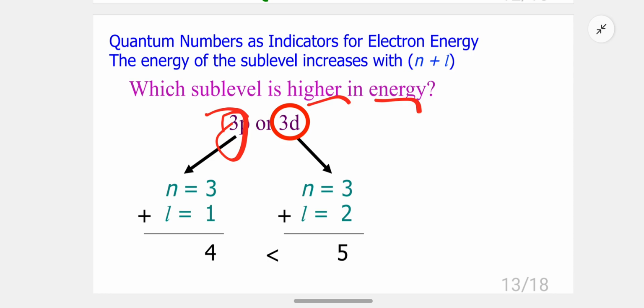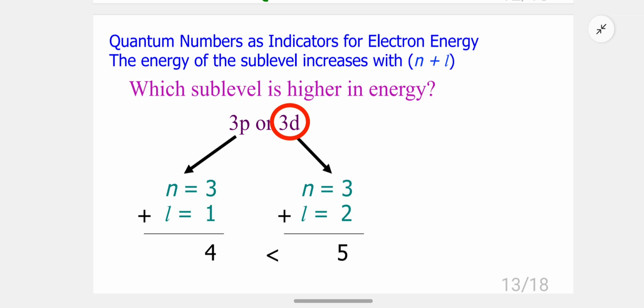Let us think about their quantum numbers. First discuss the principal quantum number, then the azimuthal quantum number. The primary indicator says that for 3p, n equals 3, and for 3d, n also equals 3.